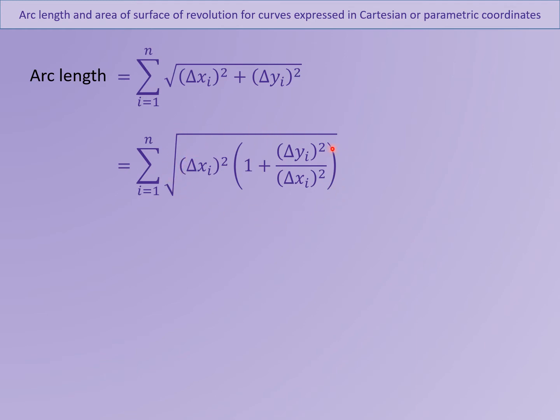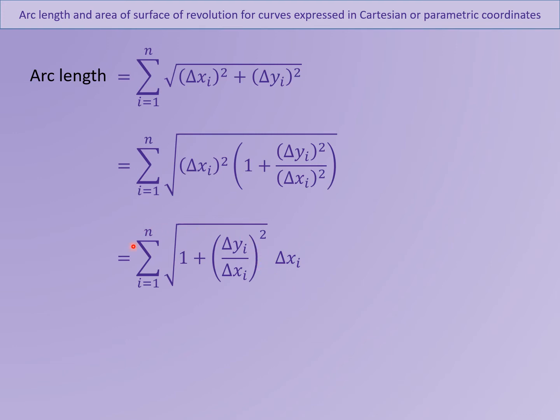Now the reason why I've done that is because I can actually square root this part just here. All right, I can square root out this sigma, and you'll see why in a second. So all I've done there, that's still the same answer. That still works out the length of each of the straight lines. But what's important about it is I've got this delta x at the end.